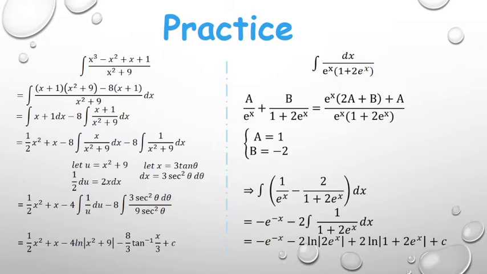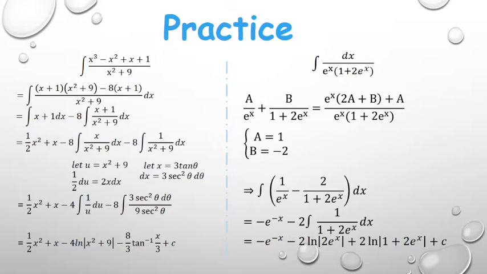And then we use a bit of u substitution for the first part of the partial fraction and use trigonometric substitution for the right part of the equation, and then we get the answer.